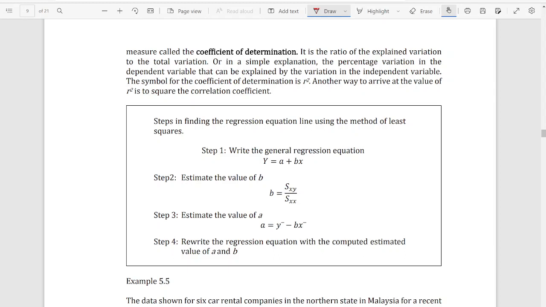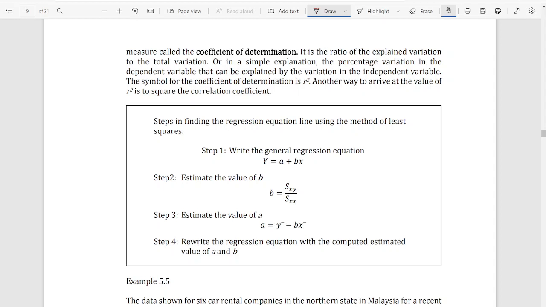And lastly, once you have the values of b and a, you rewrite the equation in step 1, but now replacing a and b by the values that you obtained from step 2 and step 3. Okay, saya ulang.